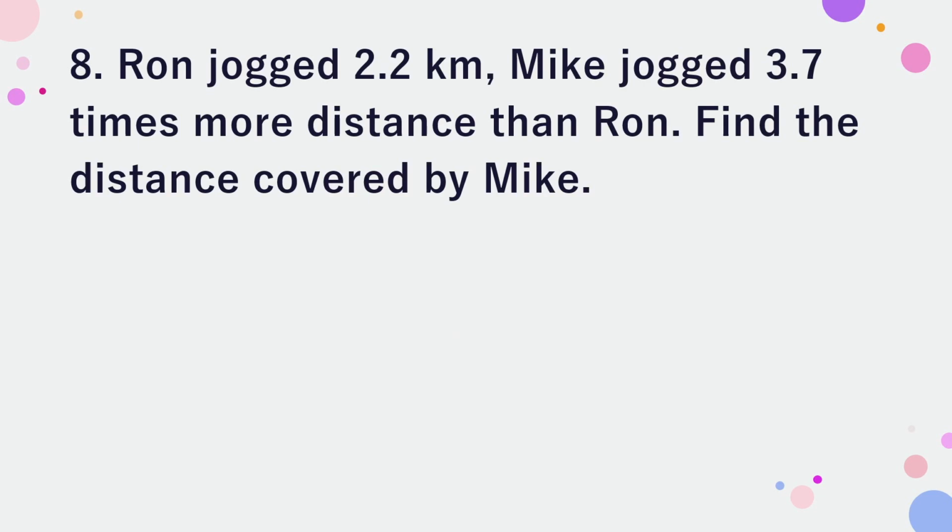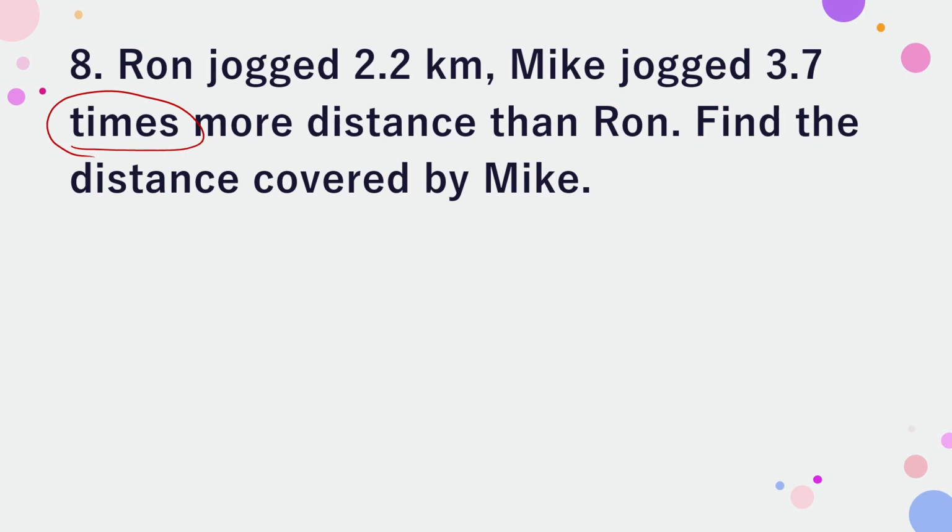Let's move on to problem number 8. Ron jogged 2.2 kilometers. Mike jogged 3.7 times the distance of Ron. Find the distance covered by Mike. Oh, look at the word times.